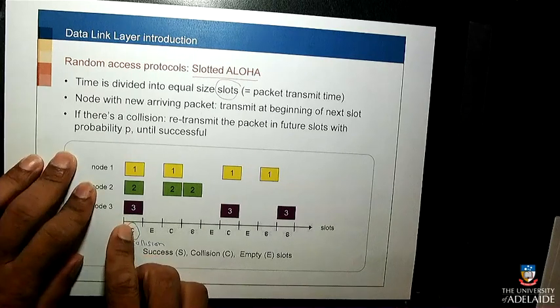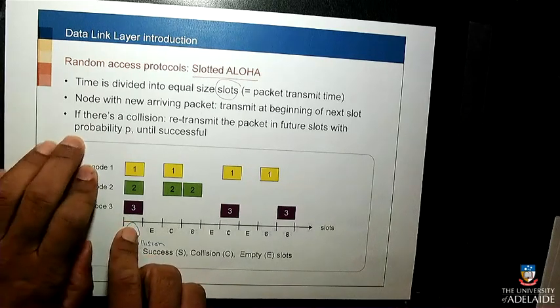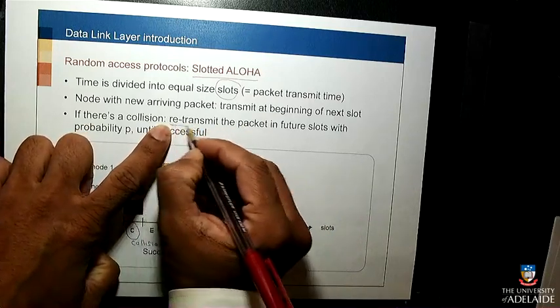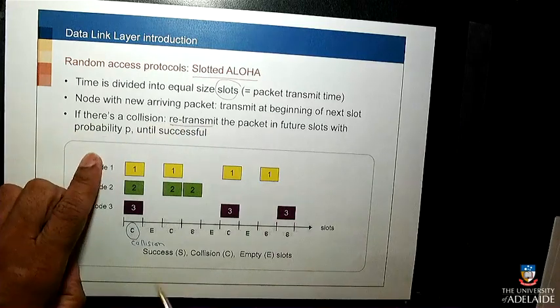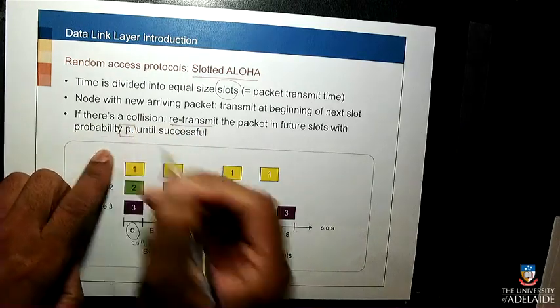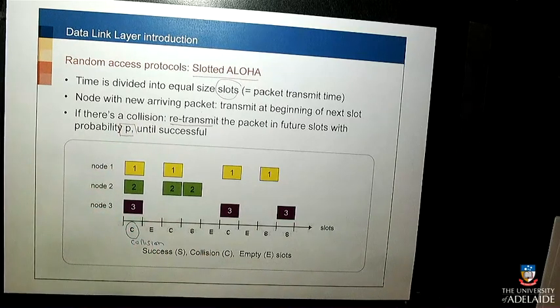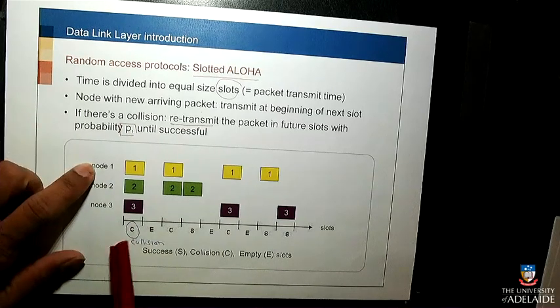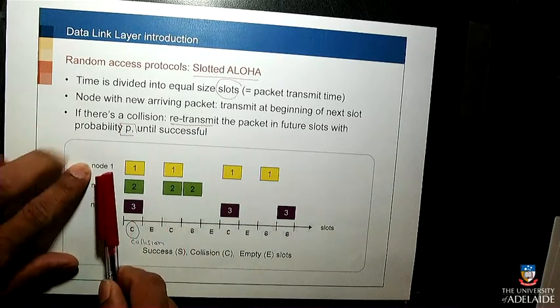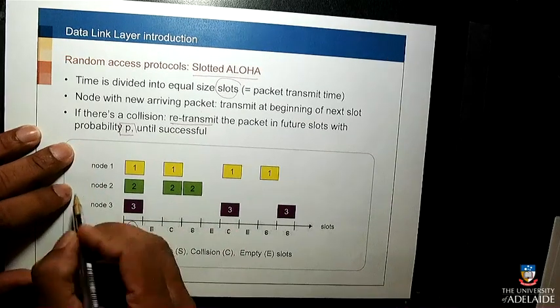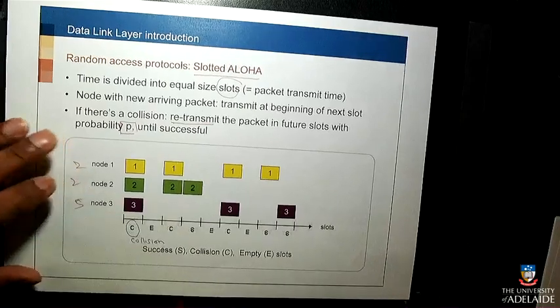So the idea is that if there's a collision and it fails, you retransmit the packet in a future slot with some probability p. So if you like, you can think that each of these nodes after a collision rolls a die, right, and then maybe this guy gets 5, maybe this guy gets 2, maybe this guy also gets 2.